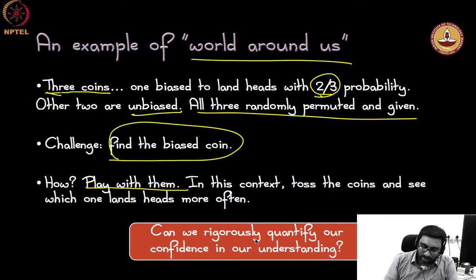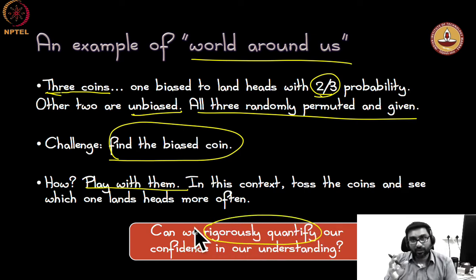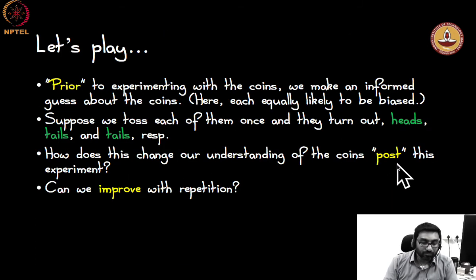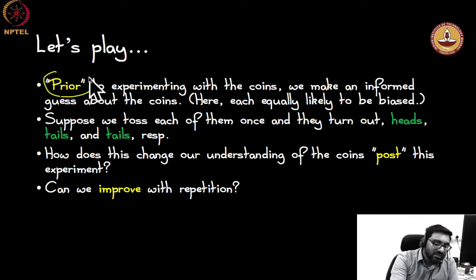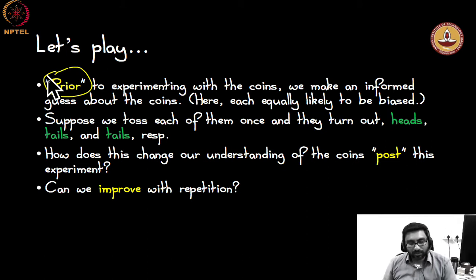But we want to have a rigorous quantification of our understanding, and that's where our attempt at modeling the situation comes in. Before we start experimenting with these coins, we start with some basic, reasonable understanding of which coin is biased and which one is not biased.